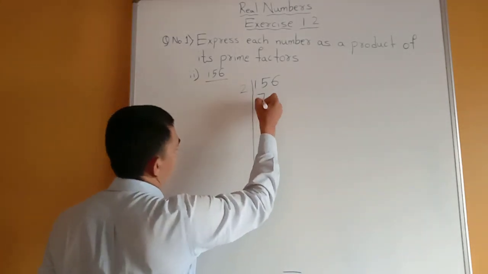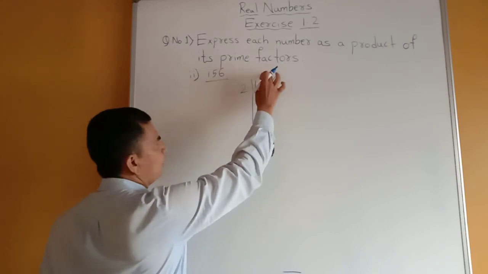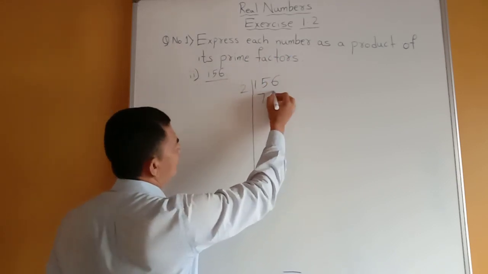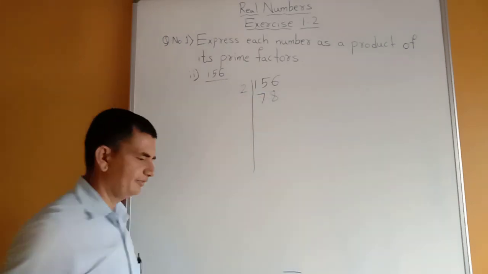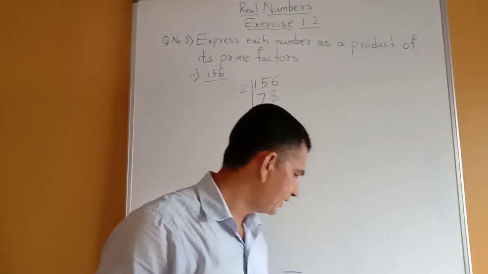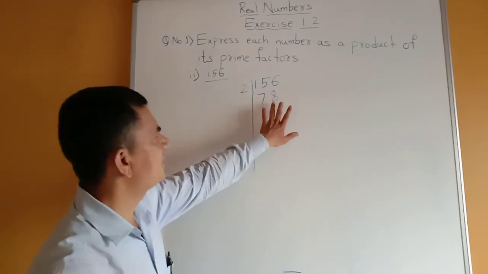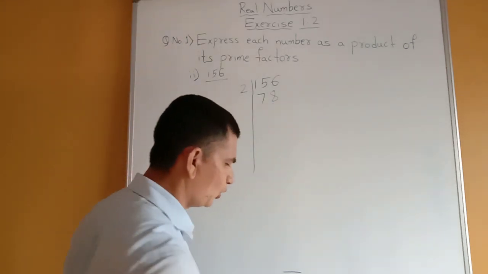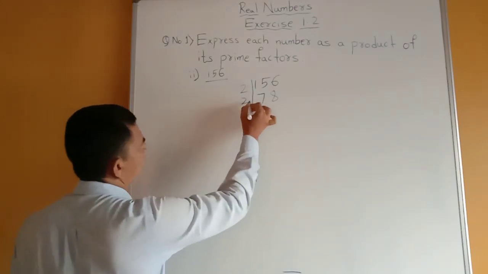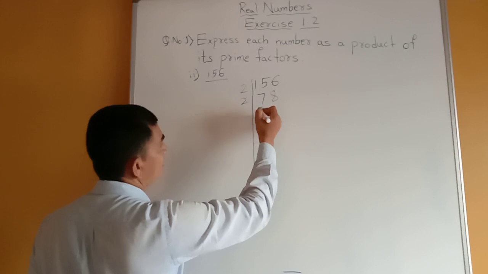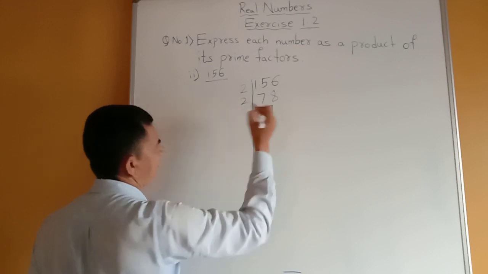So 2 7s are 14, 1 remaining, 1 6, it becomes again 16, again 2 8s are 16. Now next, we can see 8 is there again, it is also an even number, so we can take 2 again. 2 3s are 6, 8 is there, again 18 means 2 9s are 18.